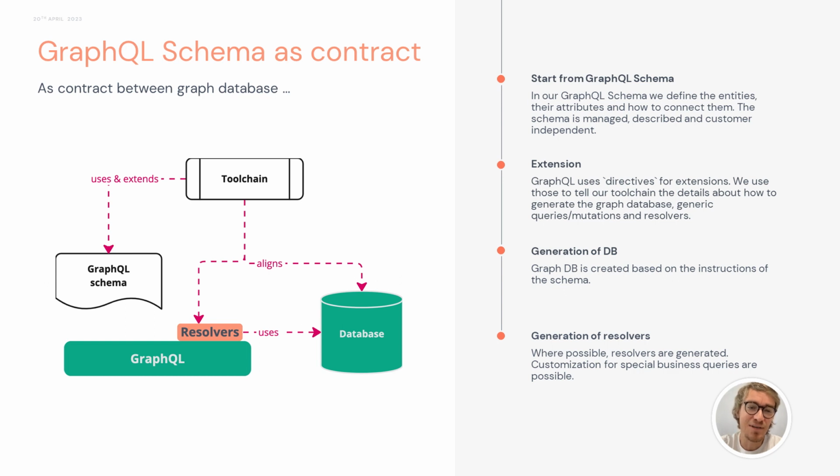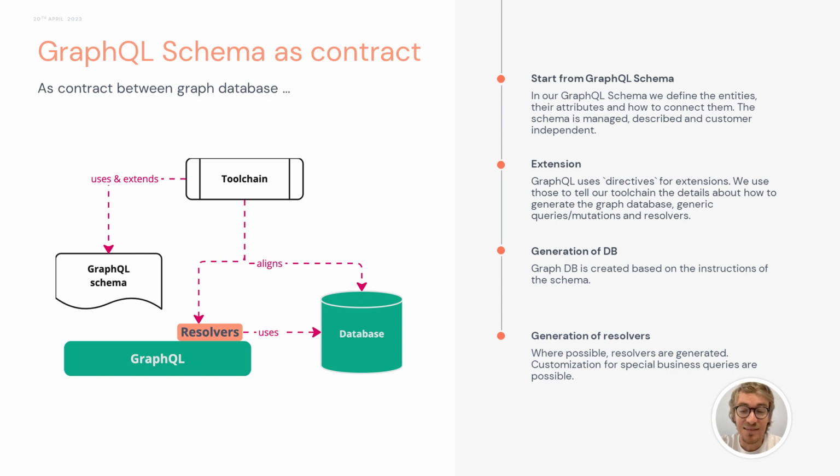So we use the GraphQL schema, first of all, as a contract between the graph database and us. How do we do that? We have built a tool chain which basically uses a GraphQL schema to, on the one hand, align the database with the schema and generate the database we need with the fields we need.